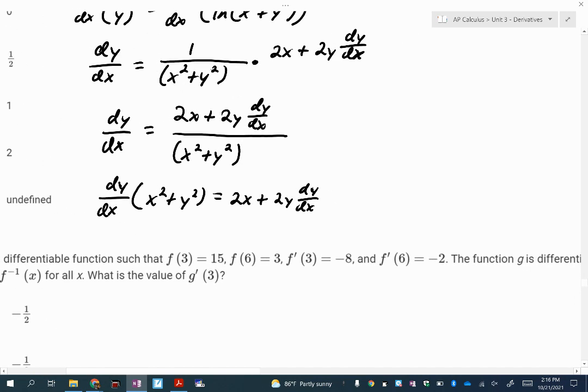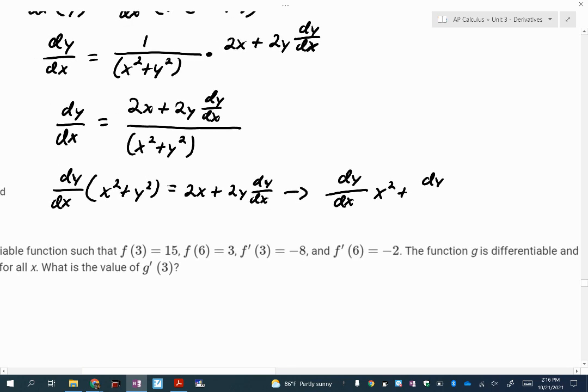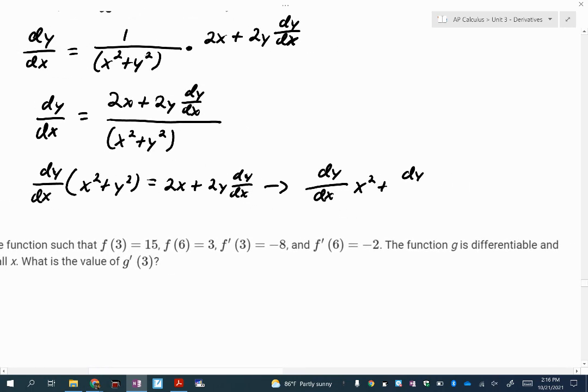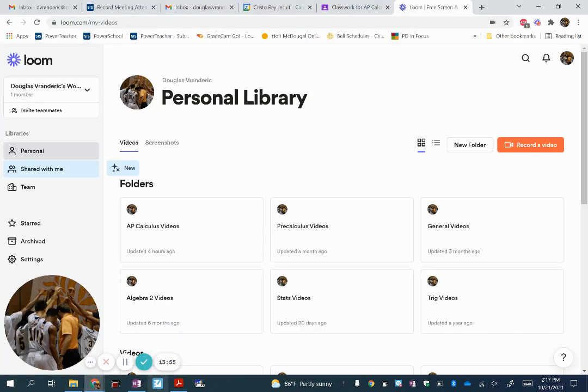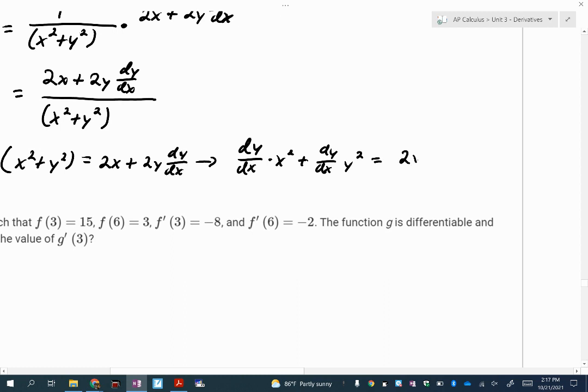No, I don't think I actually want to do that. Let me pause for a second and do a little work. Okay, I'm going to go ahead and do what I was saying, which is distribute and see where it takes me. So dy dx times x squared plus dy dx times y squared equals 2x plus 2y dy dx.